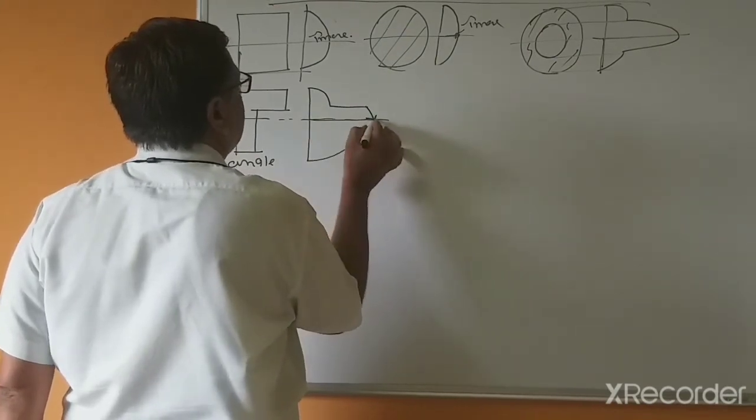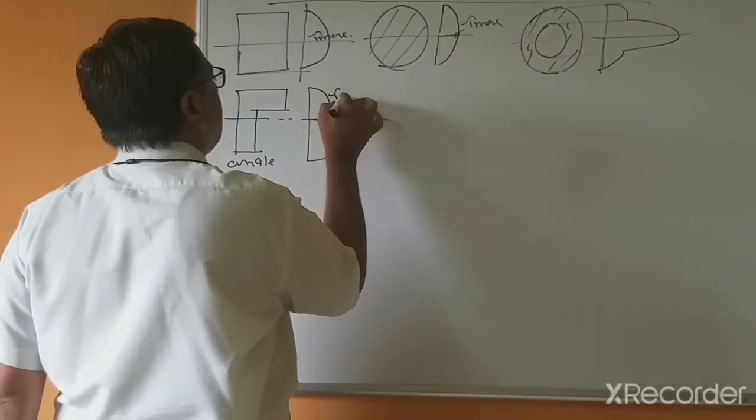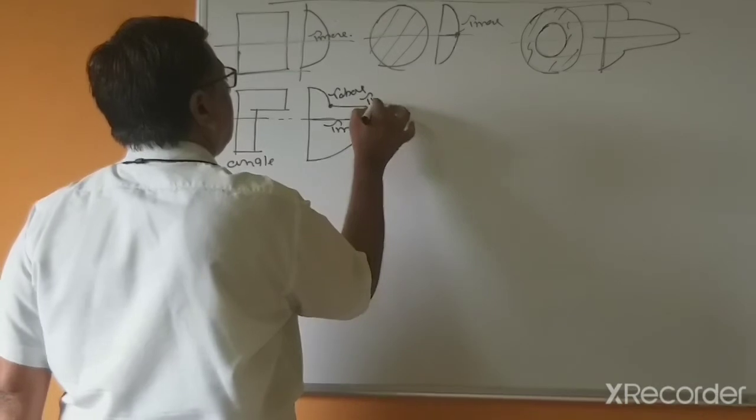So this is tau max. This is above, and this is below.